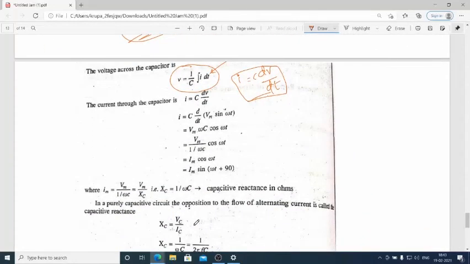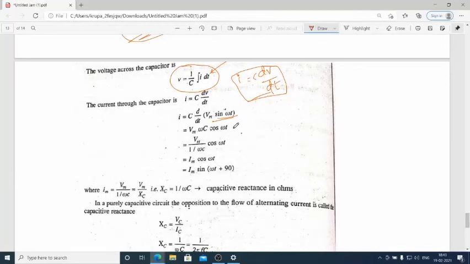So the current through the capacitance is I is equal to C dV by dt, which means differentiating the voltage with respect to time.